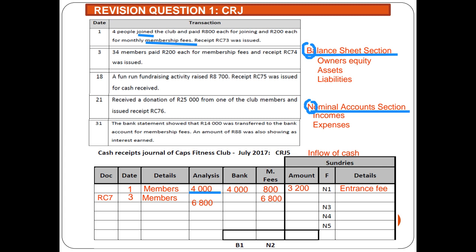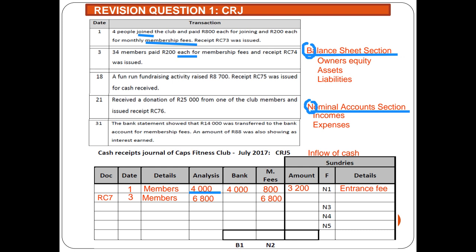As you can see here, it is saying 200 each. It means each one of them must pay 200. And how many are they? 34. So 34 times 200 is 6,800. That's why we got this 6,800.